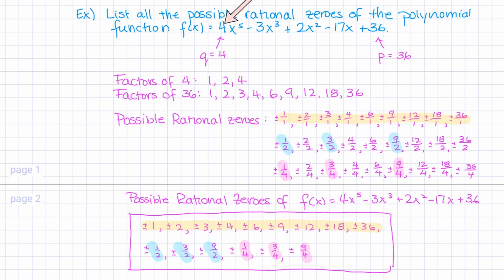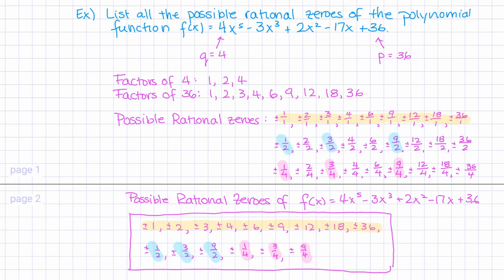So the factors of 4 are 1, 2, and 4. The factors of 36 are 1, 2, 3, 4, 6, 9, 12, 18, 36. Oof. And according to the rational root theorem, any possible rational root is going to be of the form factors of the constant over factors of the leading coefficient.